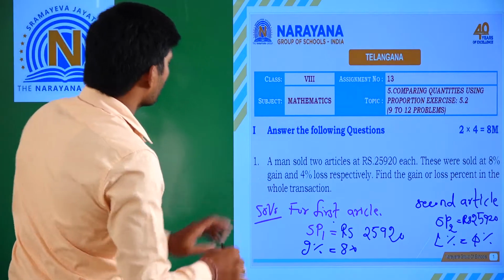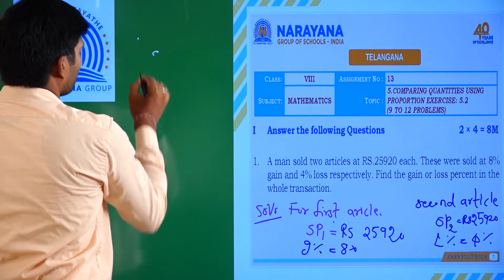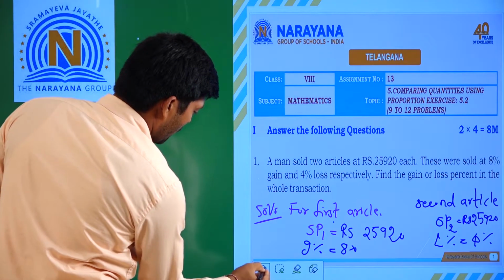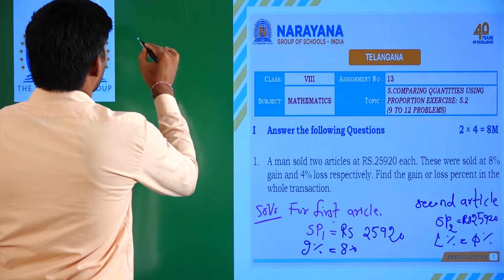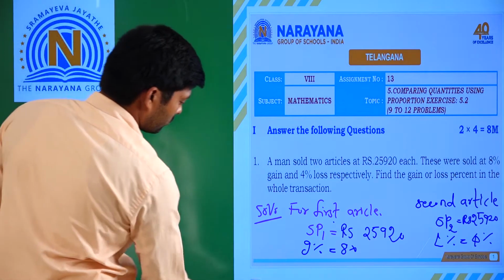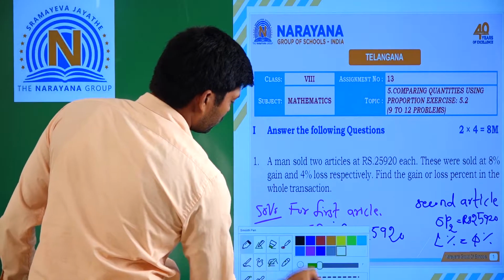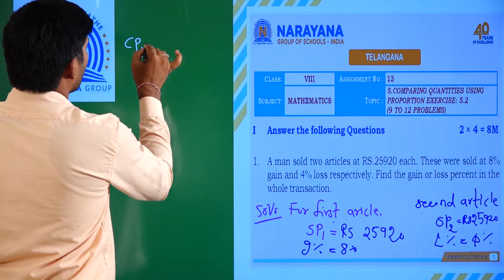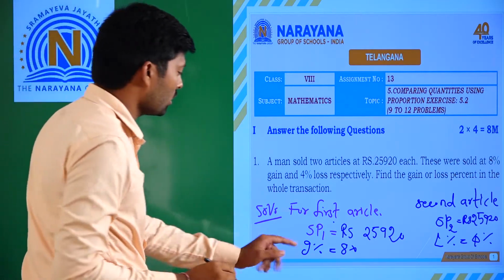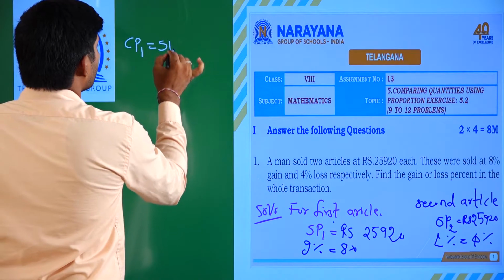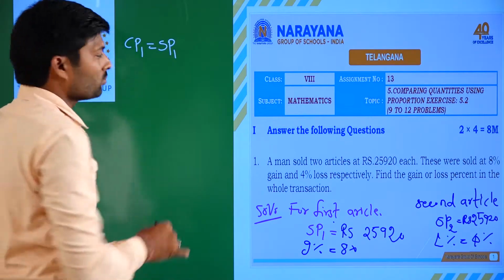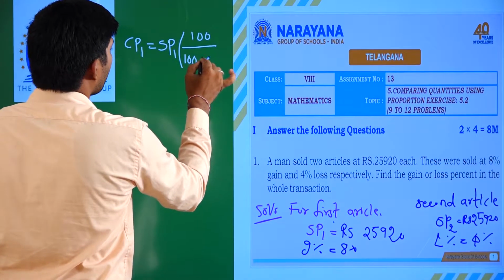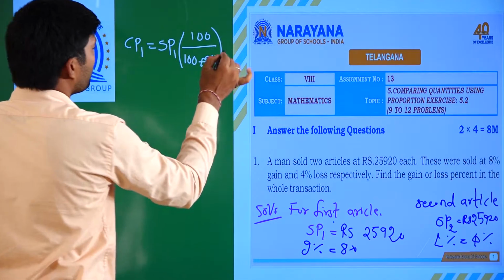Yes. So cost price, what is the relevant formula? I will write. CP1, cost price of the first article. The relevant formula is the selling price of first article into 100 upon 100 plus gain percentage.